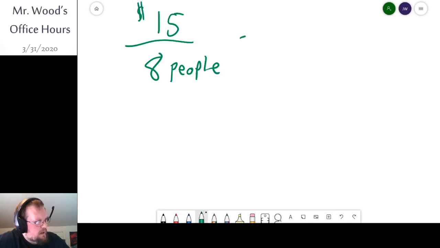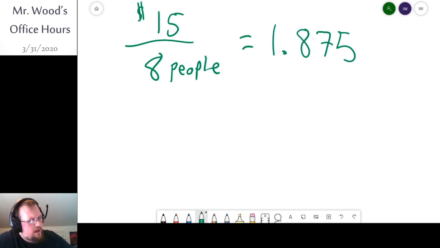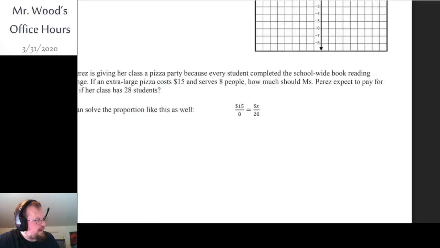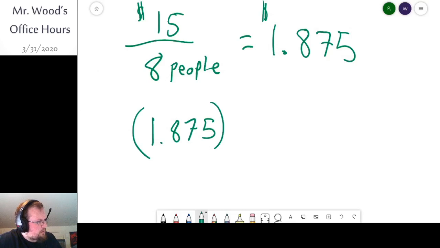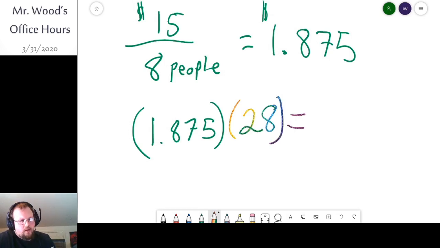So 15 divided by 8 gives you 1.875, and that's a number of dollars that you have for each person. And then they were asking how much does it cost to feed 28 people. So if you multiply that by 28, you get exactly 52.5, which is another way to solve this.